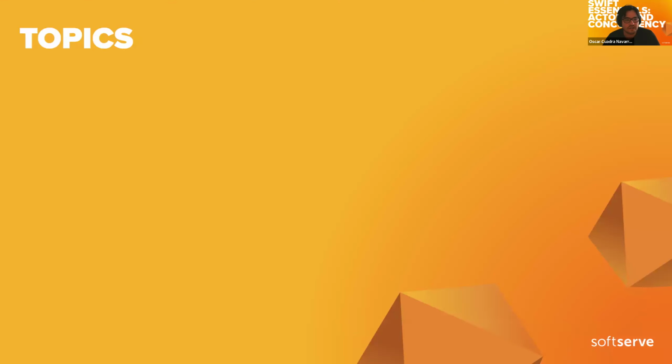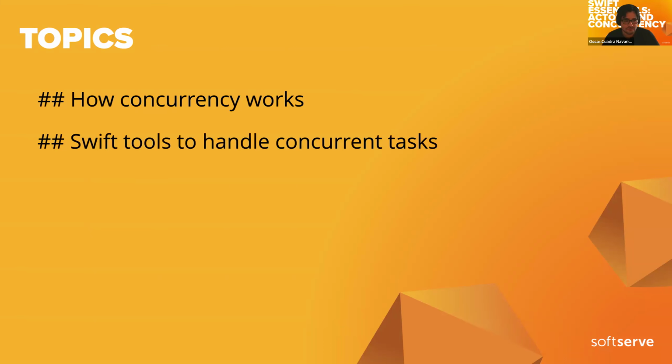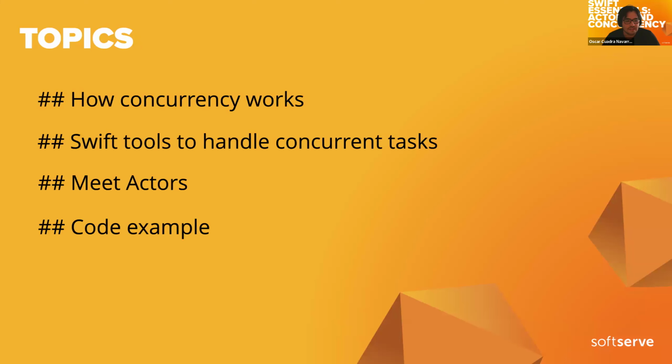This will be just an overview of this concept. First of all, we want to talk about how concurrency works, about Swift tools to handle concurrency tasks. Finally, we want to meet actors and some code examples. And if you have time, Q&As.